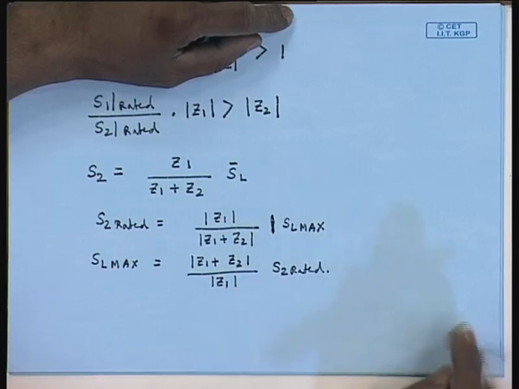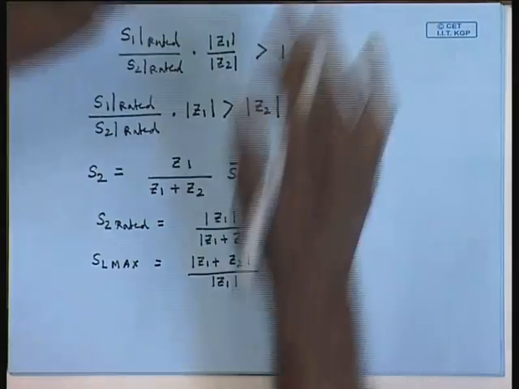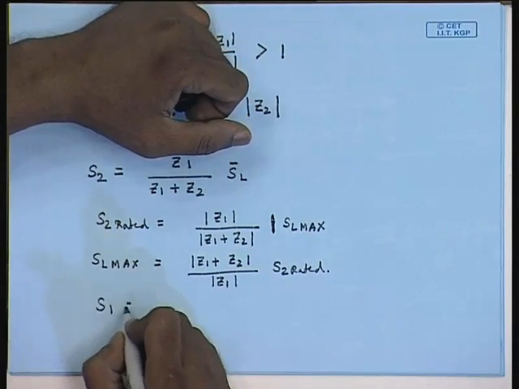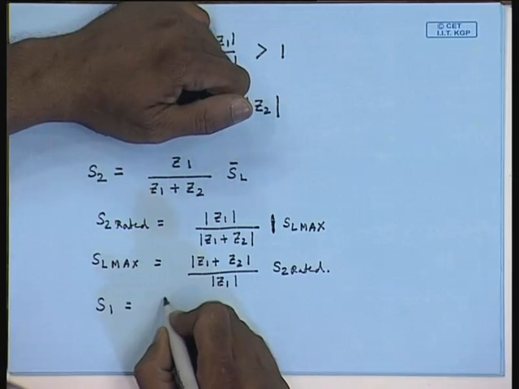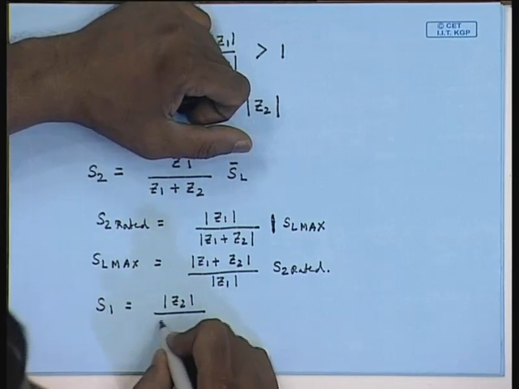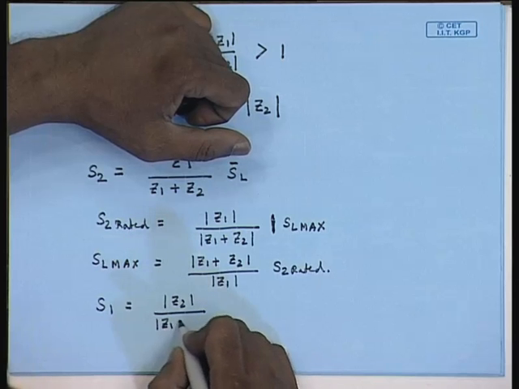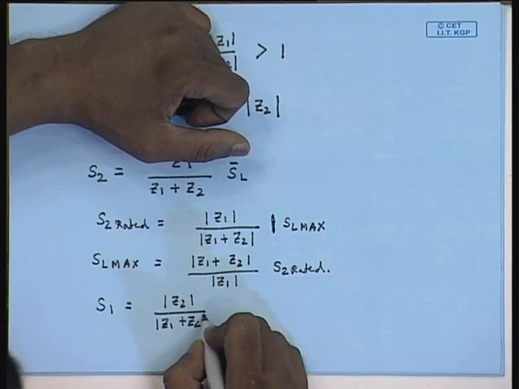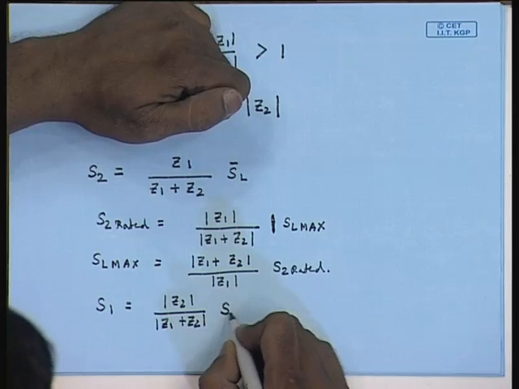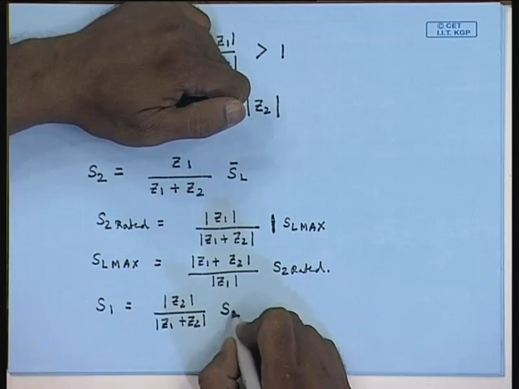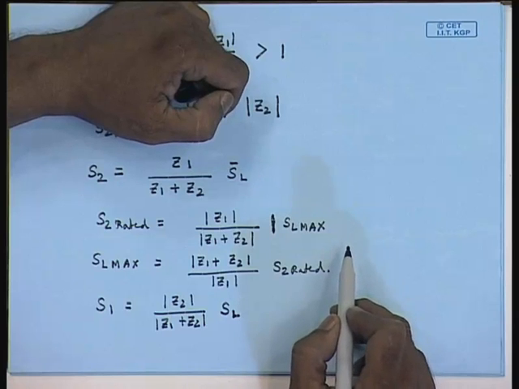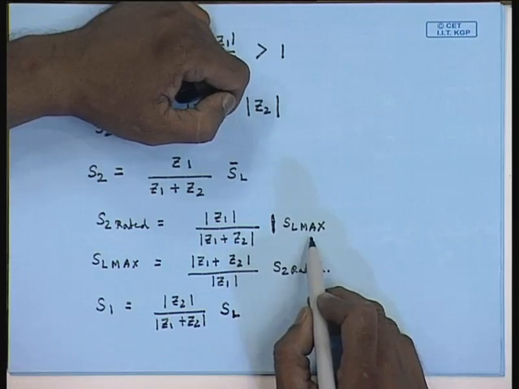So, what is the load on the first transformer then? S1 is given by S1 equal to |Z2| divided by |Z1 plus Z2| into SL, and when S2 reaches its rated kVA, then the load kVA is SL max.